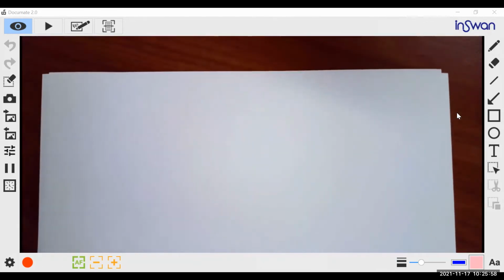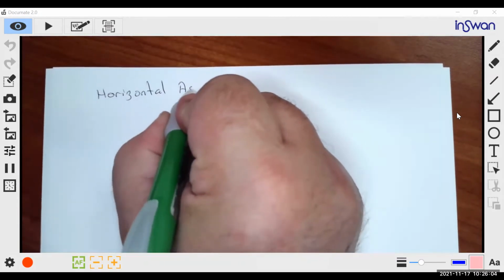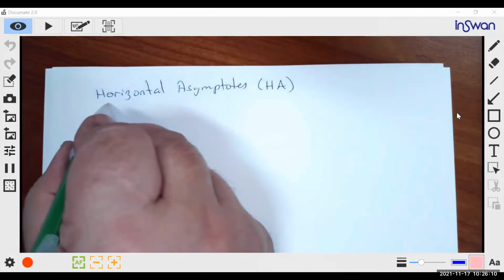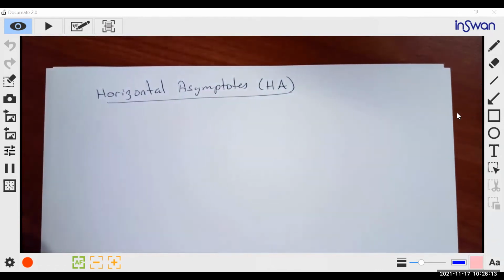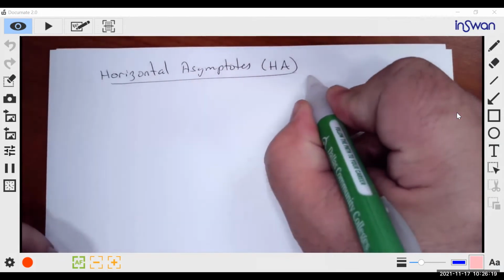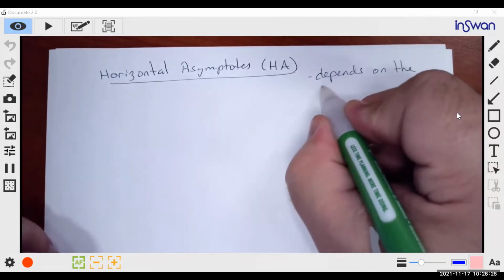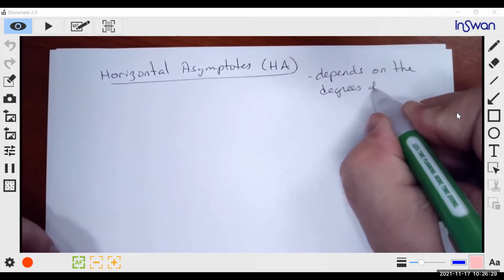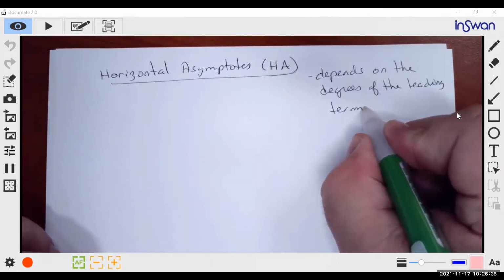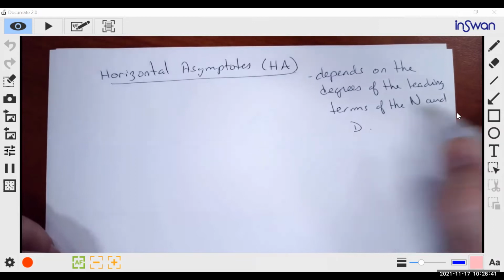Now, horizontal asymptotes, HA. Remember, it depends on the degrees of the leading terms of the numerator and denominator.